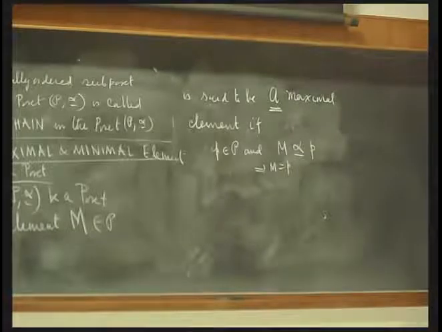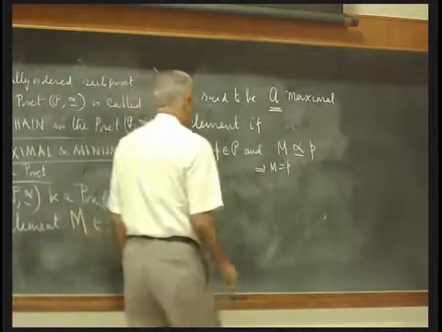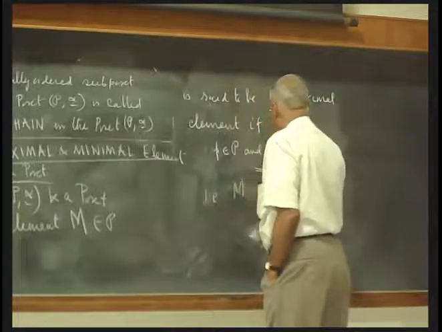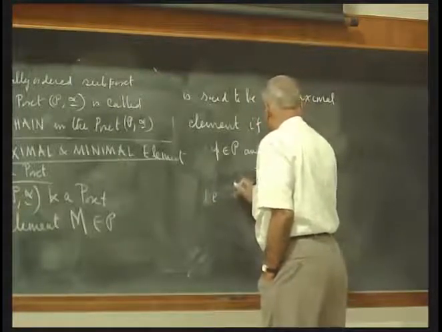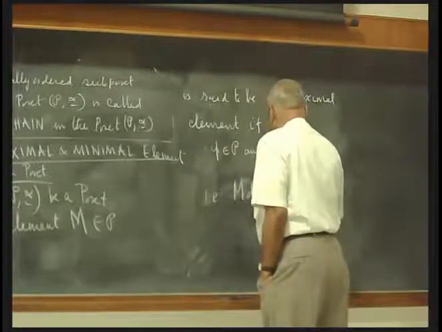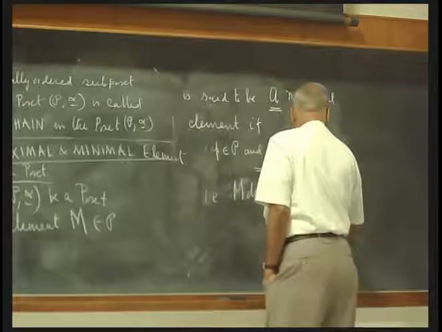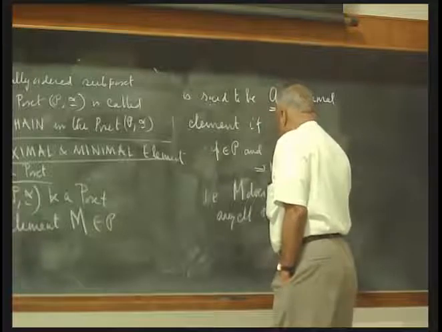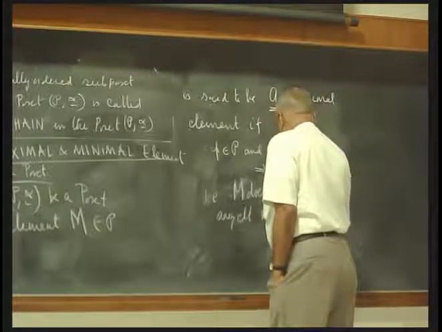It's a negative definition. Nobody can beat it. It doesn't mean that he beats everything. Nobody can beat him. The only fellow who can beat him is himself, but not to finish himself off. So this means M does not precede any element other than itself.